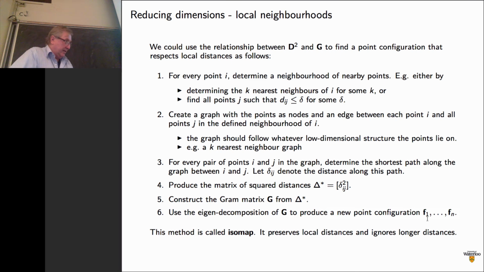And the idea is to try and follow a lower dimensional manifold as defined by some nearest neighbor graph. But intuitively, it's kind of straightforward if you know that you can connect distances to the Gram matrix. Does that make sense to everybody?